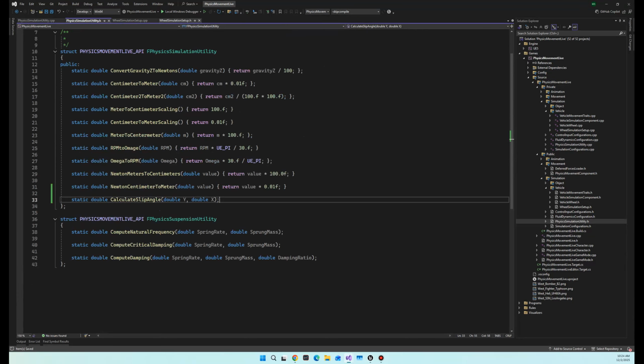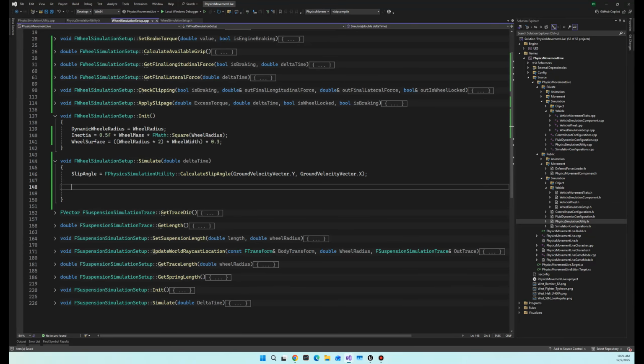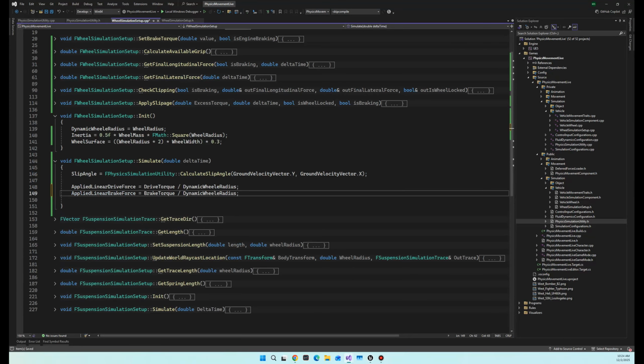Let's come back to our simulation. So that's the first thing that we need to calculate, setting the slip angle based on our last ground velocity and our last on the y and the x-axis. Alright, so next we are going to go ahead and set the applied driving and braking force. I'm just going to add those two in there.